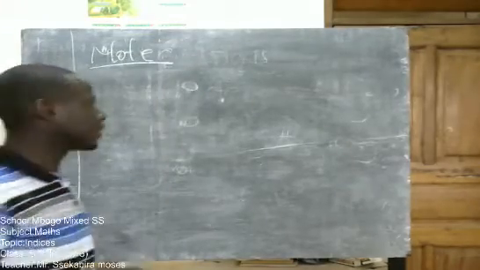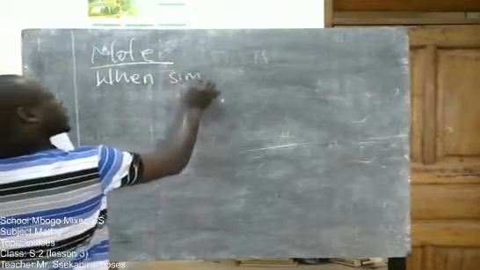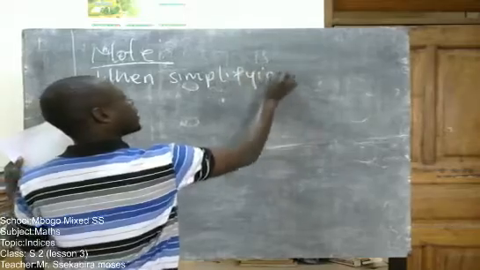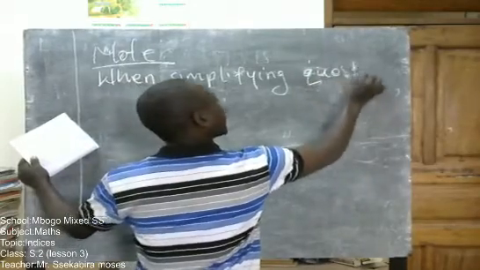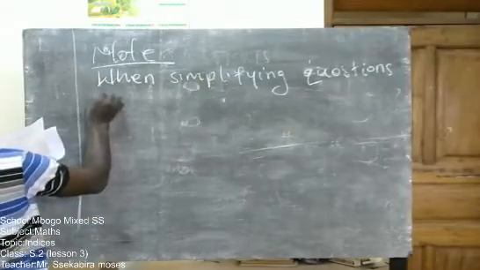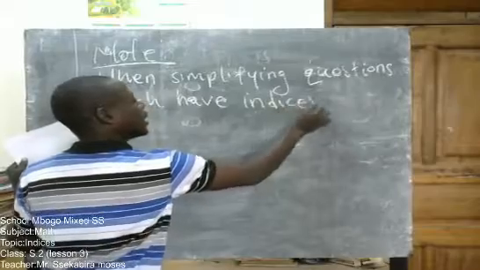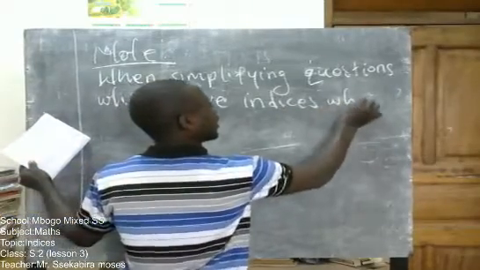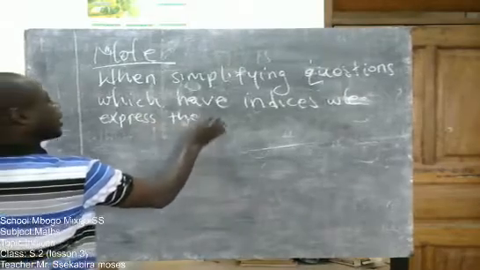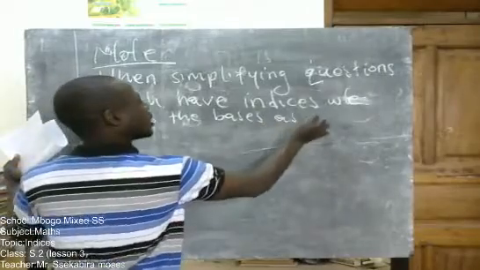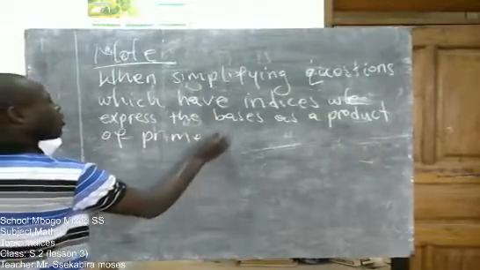This is a very big note. When simplifying questions which have indices, we express the bases as a product of prime factors.